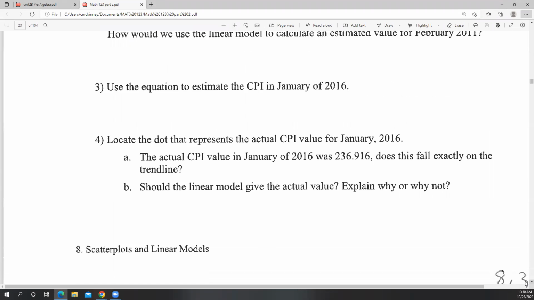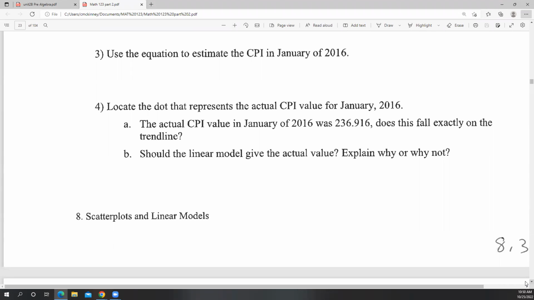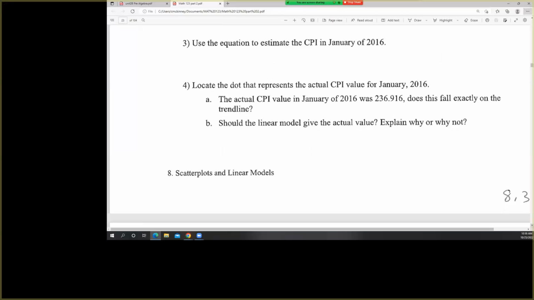Since it's 5 years, Randy did 5 times 12, and he's going to use 60 in the equation for x. So we'd have 0.246 times 60, and then we would still add on the 224.85.